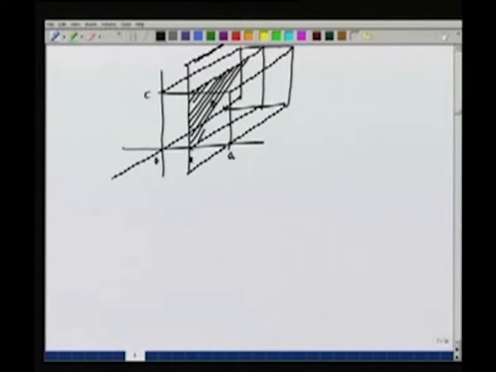This rectangle, which I have formed by cutting the body through a plane at the point x, has an area which I call Ax. So this shaded portion has area Ax. Can I calculate this Ax?